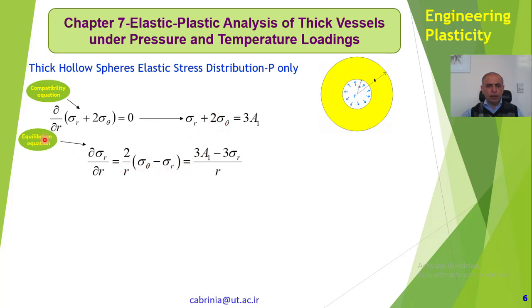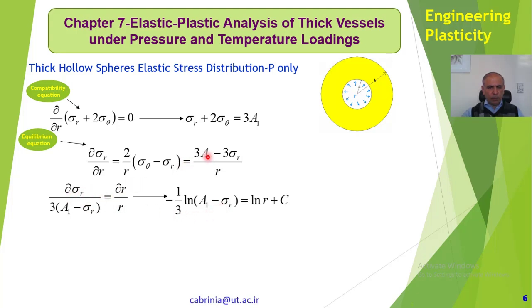Therefore, because this is the equilibrium equation we had before, I integrated the compatibility equation so that I can substitute for sigma theta in here. You see, the problem is that if we have a partial differential equation in terms of both unknowns, sigma r and sigma theta, then we cannot solve it. So that's why we have used this equation to substitute for sigma theta, so that we get everything in terms of sigma r, and we can then solve this equation.